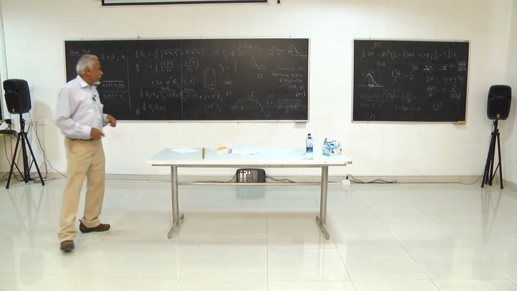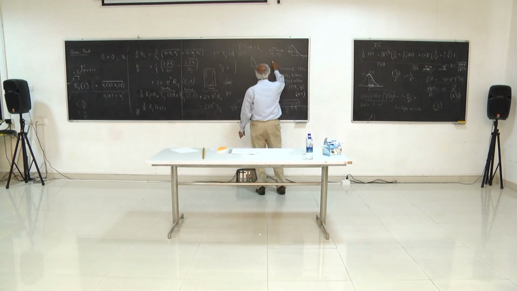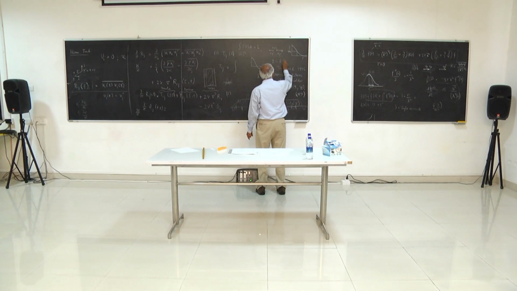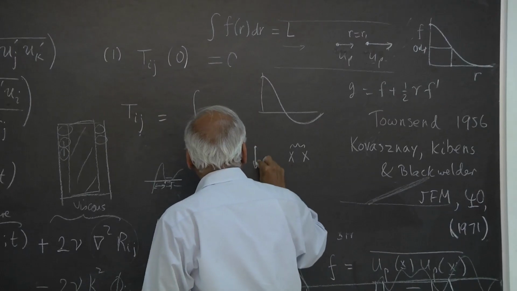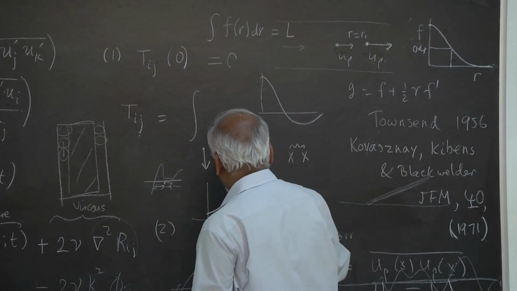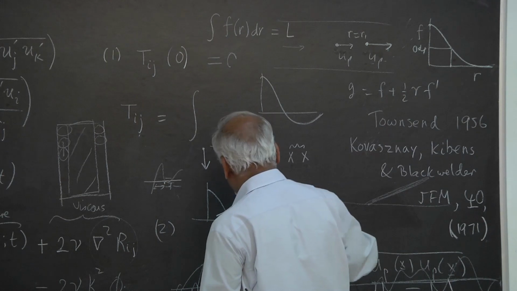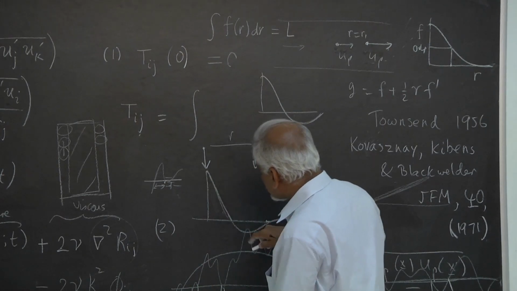But if you measure the other correlation function, g, which I wrote down here, g equals f plus half r f prime, there are two points here. Their velocities are measured normal to the separation. This g is negative. This g goes like that and then goes like that. Maybe not that much, but like that.